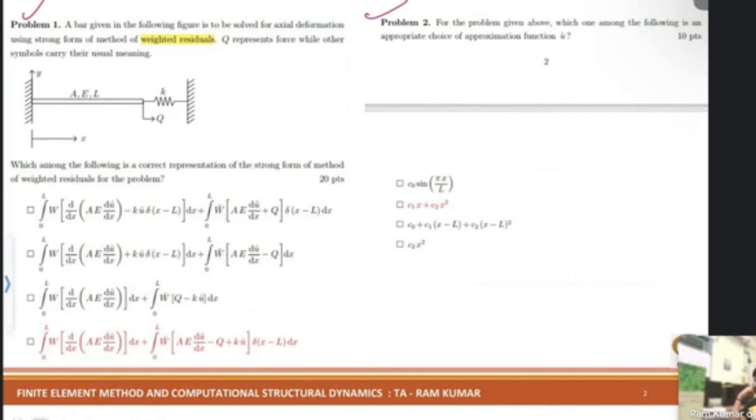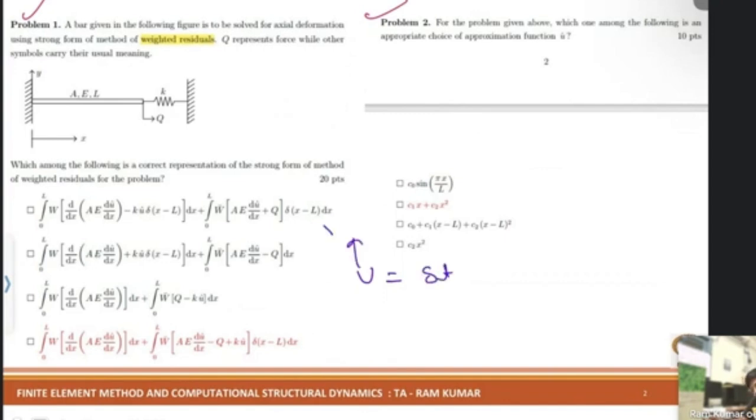What we have to do is find the total energy. If you go through all the videos, you will understand how we are going to solve all these questions. First we have to find the total strain energy, U equal to the potential energy.